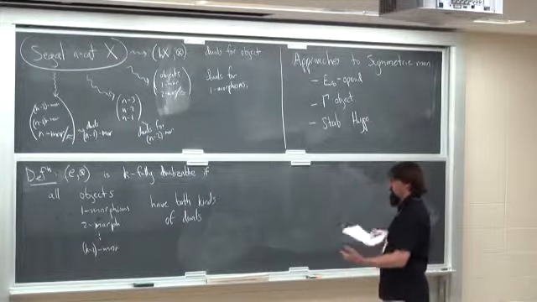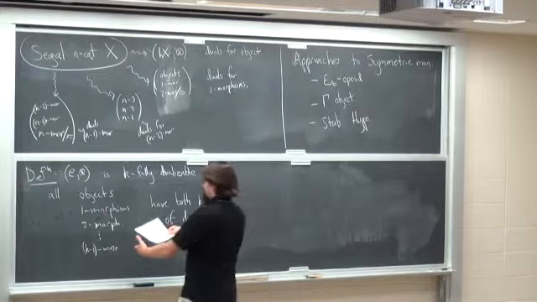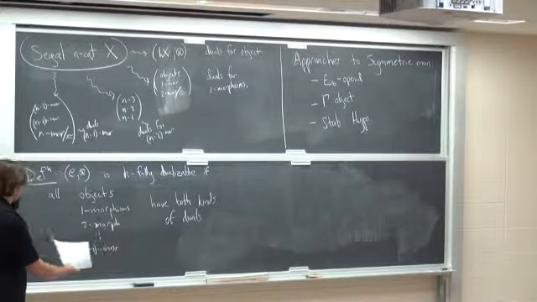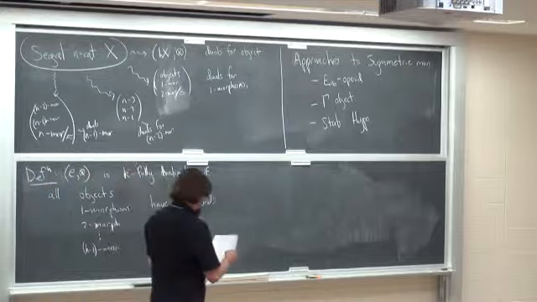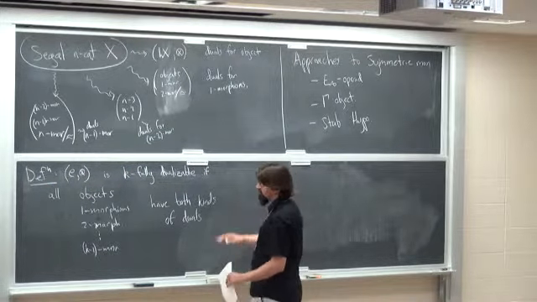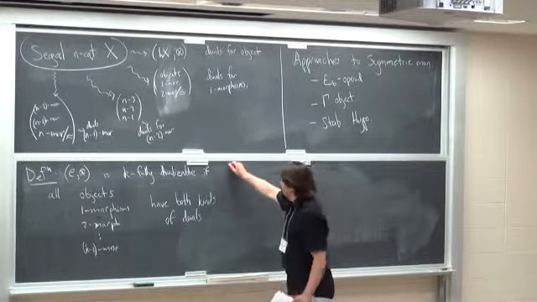So objects have both left duals and right duals. The one morphisms all have both left duals and right duals, the two morphisms, and so forth. So there are k different layers.